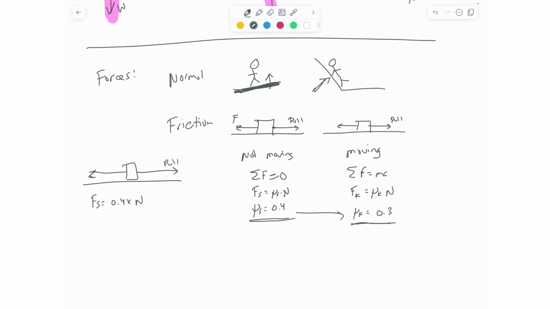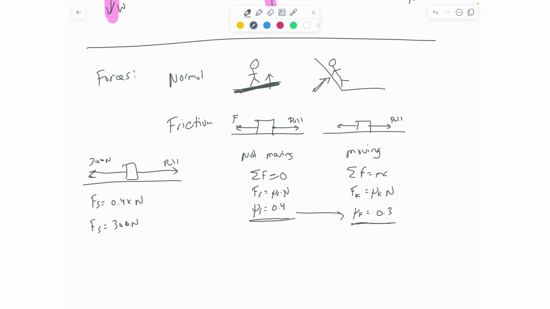And so let's just give an example. Let's say it's 300 newtons, just as an example. If you do this calculation, that means there's 300 newtons here. Now the thing about this is that's the maximum that force could be.